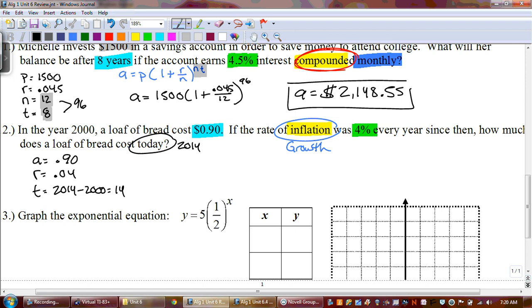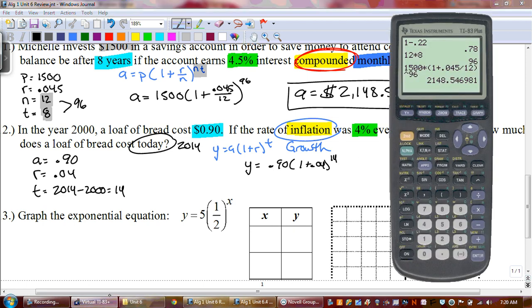Okay? So the growth formula is y equals a(1 plus r)^t. All right? So y equals 0.90 times (1 plus 0.04) to the 14th.